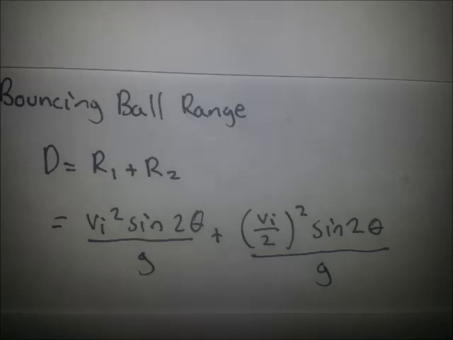And for the ball bouncing, we have to take into consideration the first path it takes and the second path it takes. So we'll split it up into R1 plus R2. R1 being the first path, and then R2 being after it bounces.